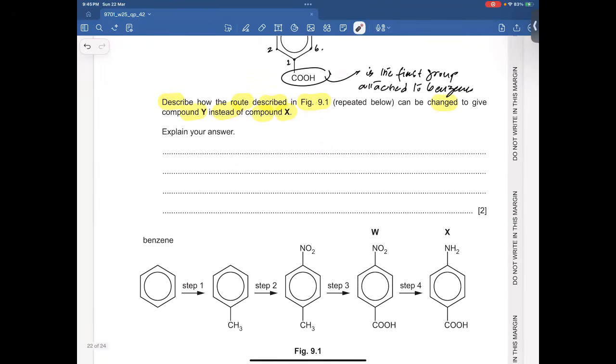So in step 3, I'm going to go for oxidation. Over here, first of all, we need to oxidize this compound into COOH.